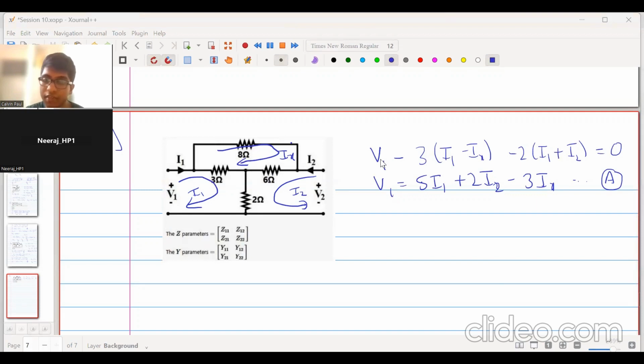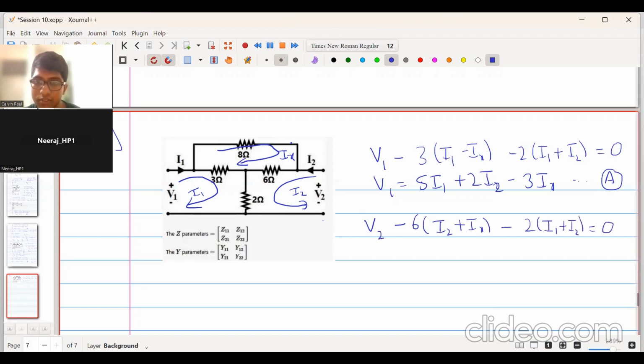Okay, so now we will apply KVL in this loop. We will get V2 minus 6 into (I2 plus Ix) minus 2 into (I1 plus I2), this is equal to 0. So we will get V2 to be equal to 2 into I1 plus 8 into I2 plus 6 into Ix.